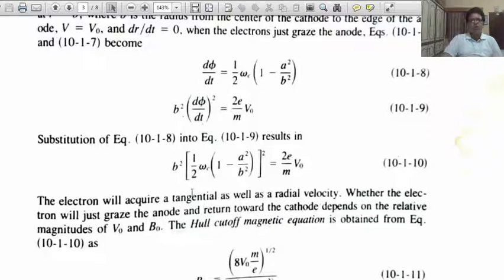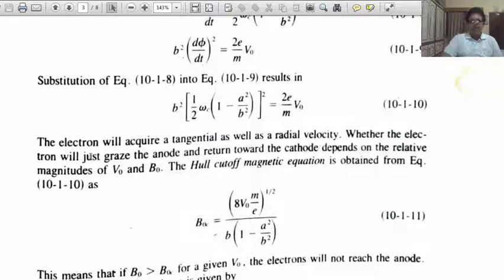So we got the result b square [1 upon 2 omega c (1 minus a square upon b square)] whole square equal to twice eV0 upon m. The electrons will acquire a tangential as well as radial velocity.